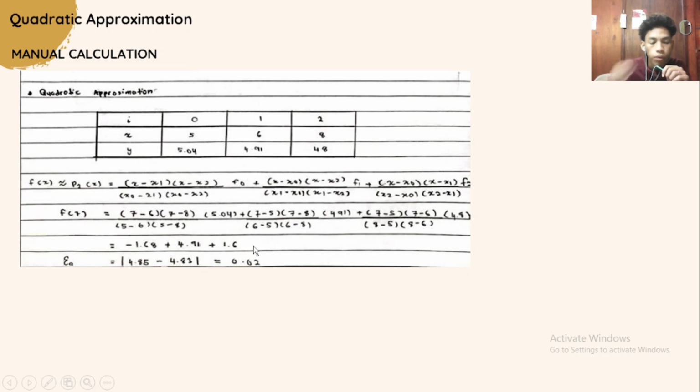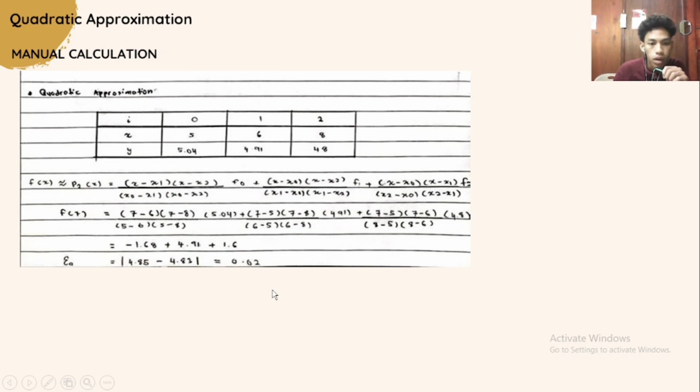So 4.83 is our approximate value, and the absolute error is the exact value 4.85 minus the approximate value 4.83, so we got 0.02.